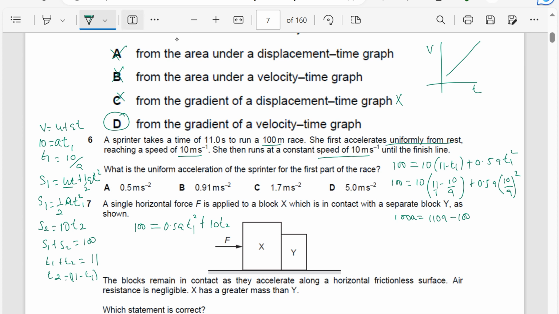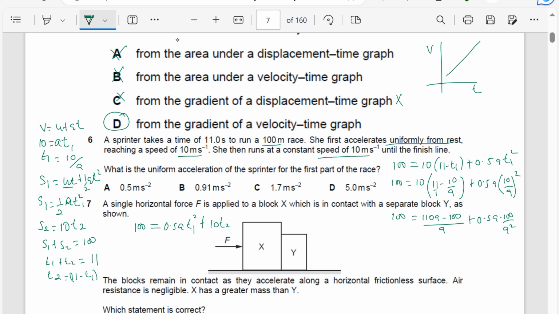Some people may not be good at maths, so I will show exactly what I'm doing. I have 100 equals, the LCM here is A, so 11A minus 10 over A, which becomes 110A minus 100 divided by A, then plus 0.5A times 100 divided by A squared.